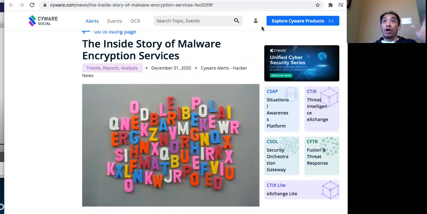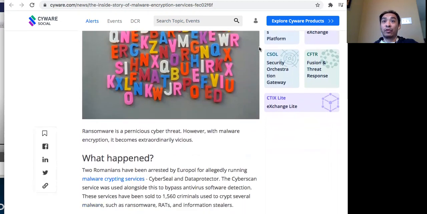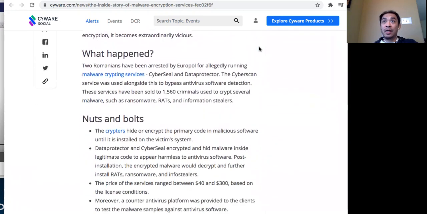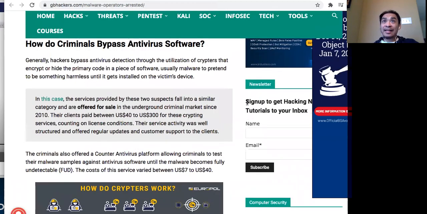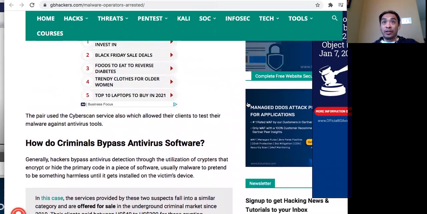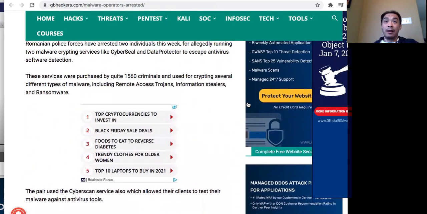Well, on the dark side, the cyber criminals also have very powerful services. One of these services is a malware crypting service. What these crypting services do is that you would give them malware that you want to be able to run on your target.